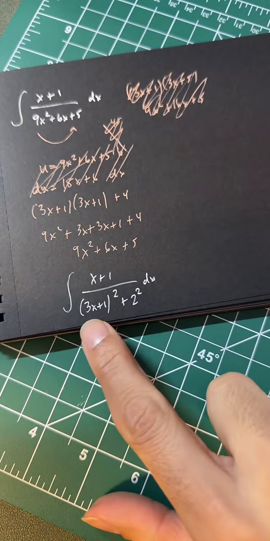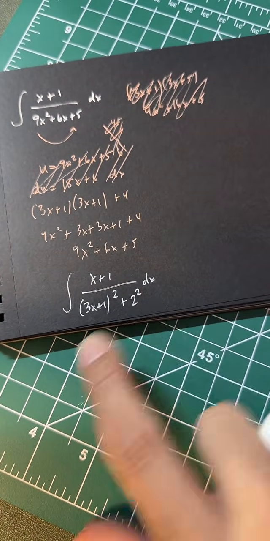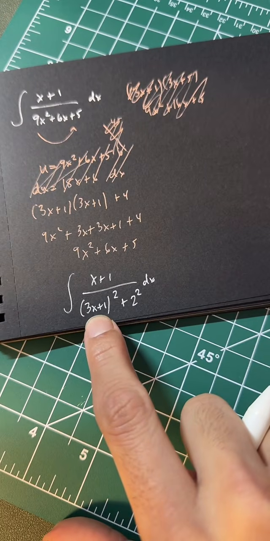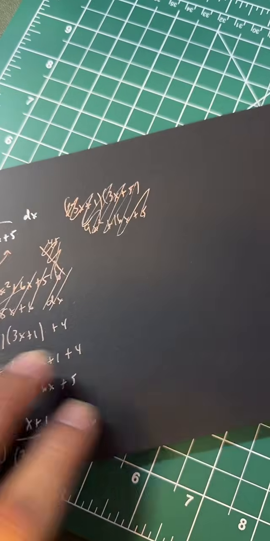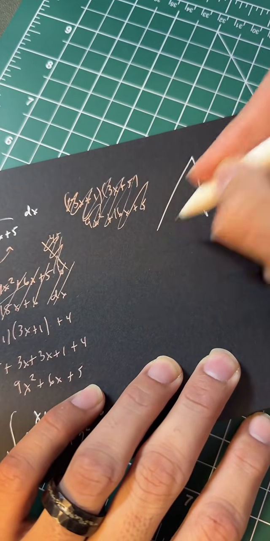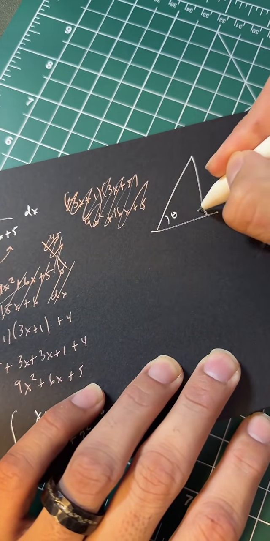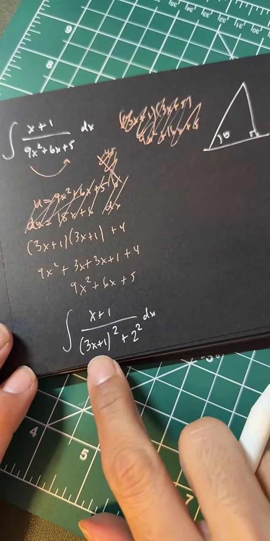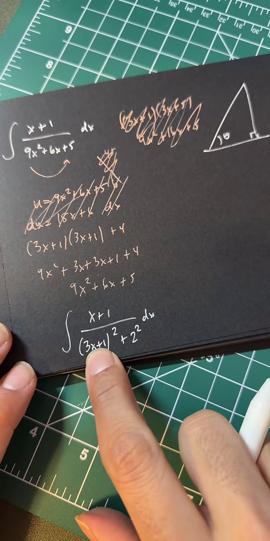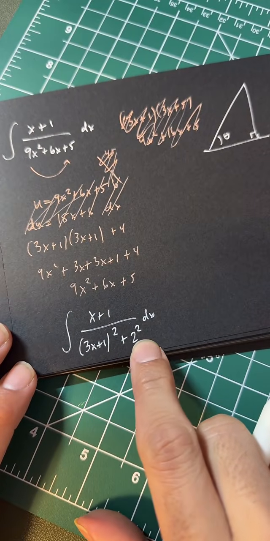So we rewrote this as a perfect square plus some constant. And whenever you have the variable, the 3x plus 1 squared, plus the constant squared, then we have to resort to our beautiful, gorgeous right triangles. Always.